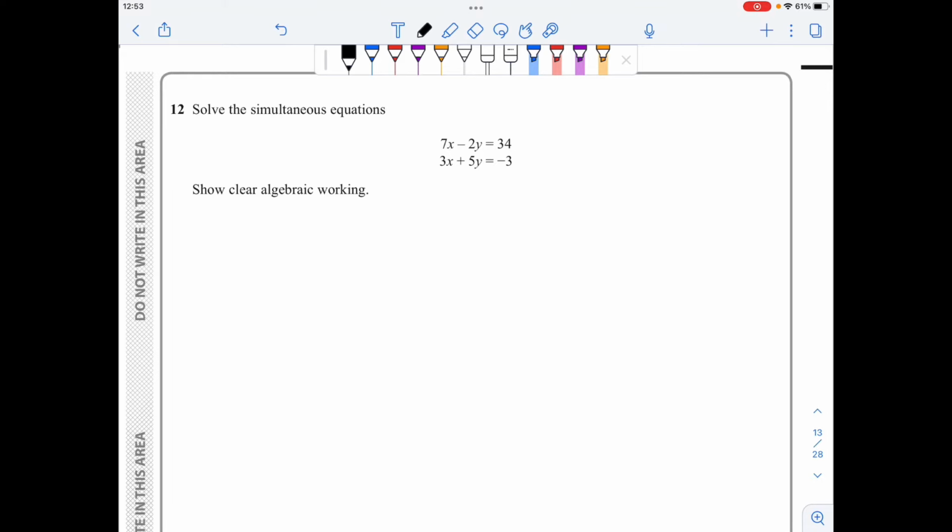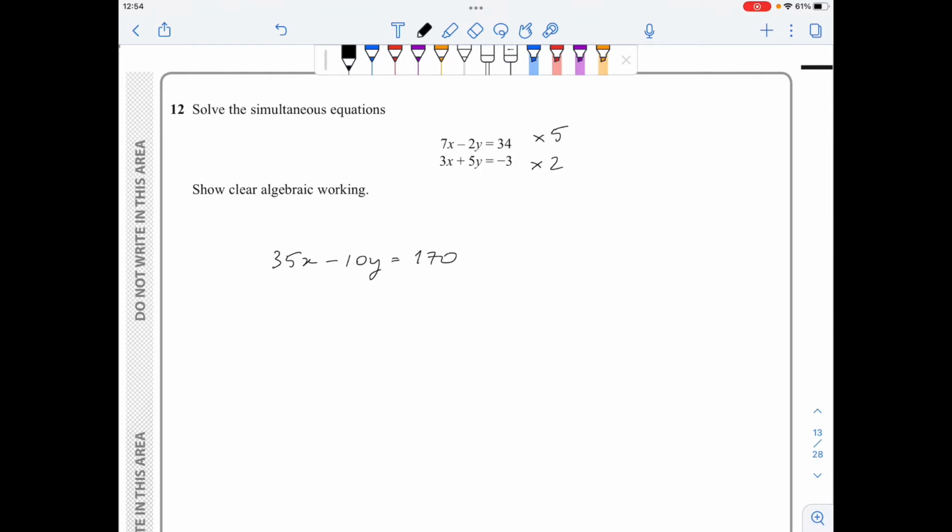For question 12, to solve the simultaneous equations, I can use either elimination or substitution. In this case, I find elimination easier. To do so, I'll multiply the first one by 5, the second one by 2, so the y's are the same with opposite sign and they cancel out. So for the first one, I get 35x minus 10y is equal to 170.